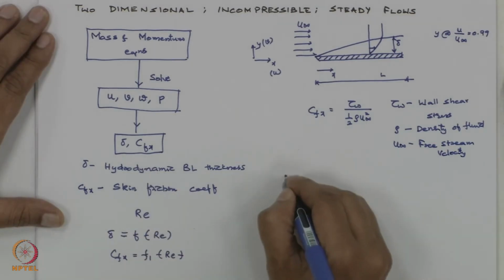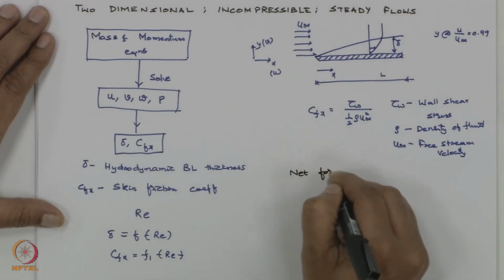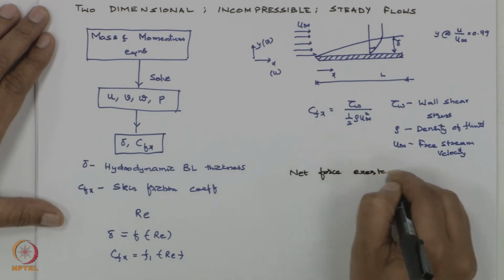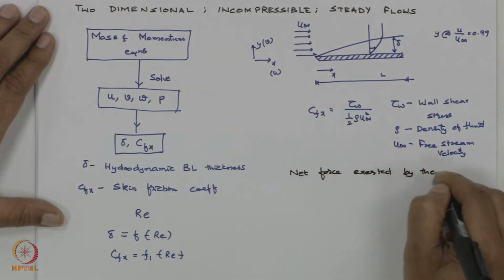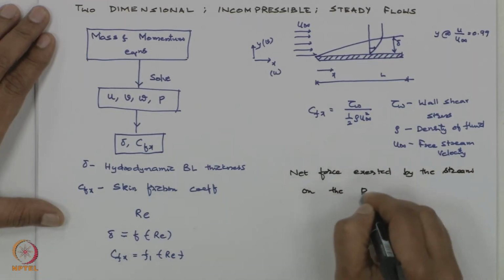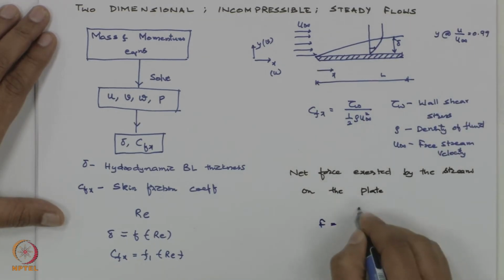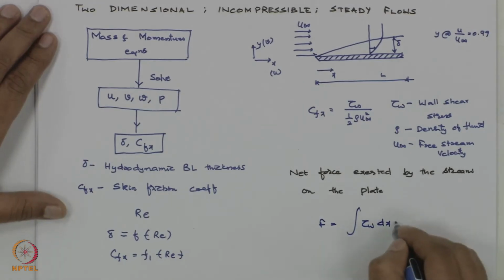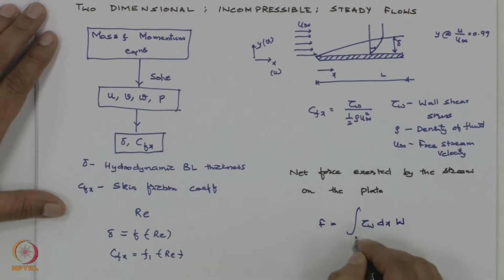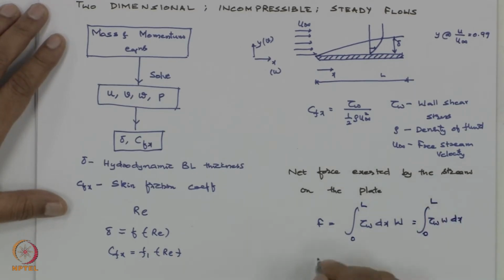He would be interested in the net force exerted by the stream on the plate, that is F equal to the integral of tau wall, which varies with x, times W, within the limits 0 to L, that is, tau wall W dx from 0 to L. What is W?